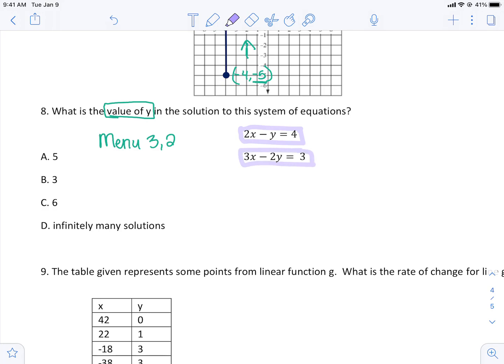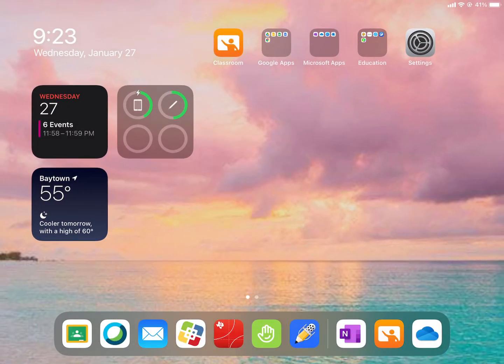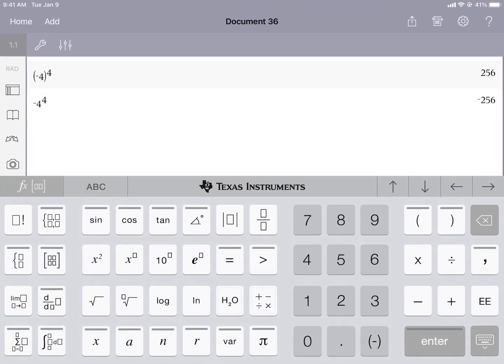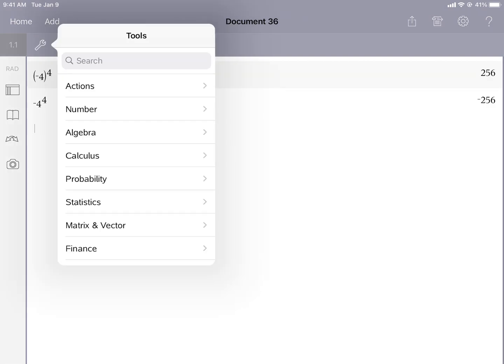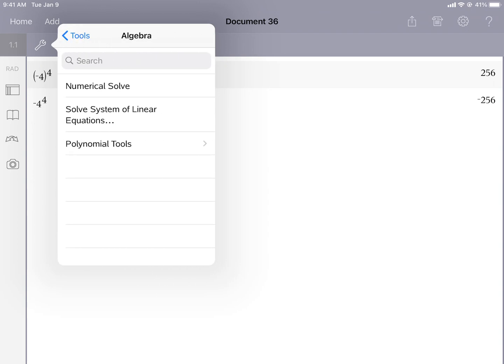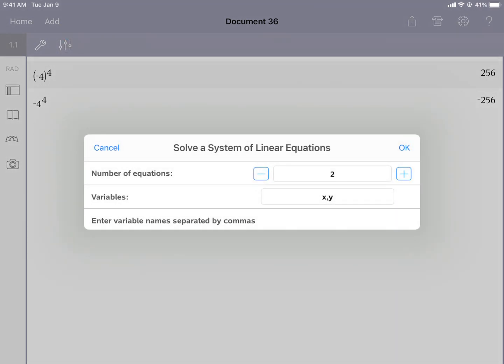So I'm going to switch over to the calculator. So menu or the toolbar, algebra, that's 1, 2, 3 down. And solve system of linear equation, that's 1, 2 down, so 3, 2. Okay, my variables are x and y. I have 2 equations.